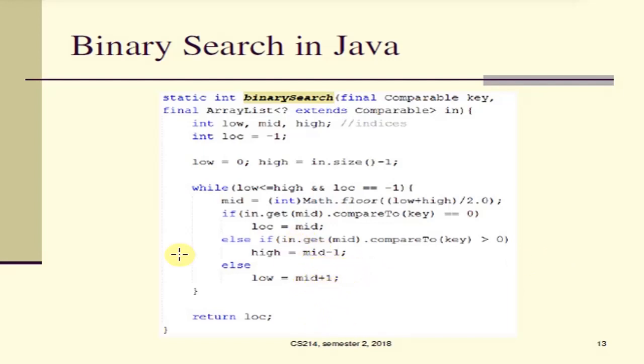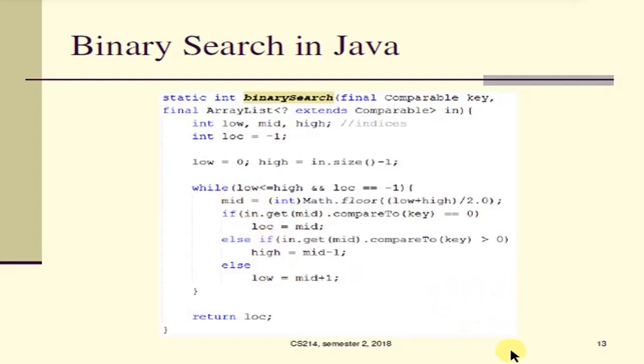So now we are no longer considering the things on the lower half of the array list, and we are going to further look into the higher half of the array list, and we iterate through the while loop again.